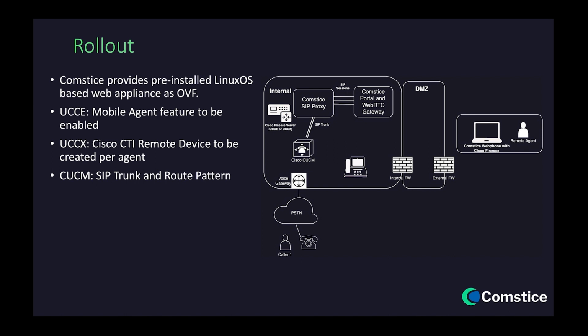UCCX doesn't support non-Cisco phones, and the CTI remote device feature helps us simulate a Cisco phone and use third-party phones for UCCX agents. On the call manager, we will have a SIP trunk to the Comstice SIP proxy with route patterns and maybe a range of SIP extensions, with the route pattern pointing towards the Comstice SIP proxy.